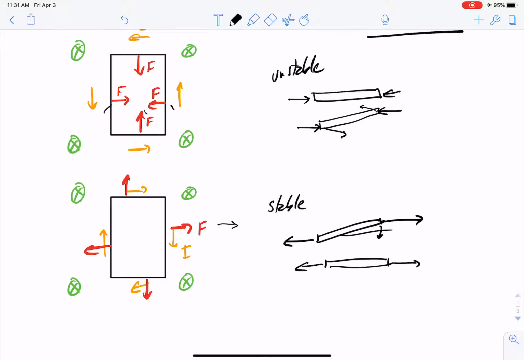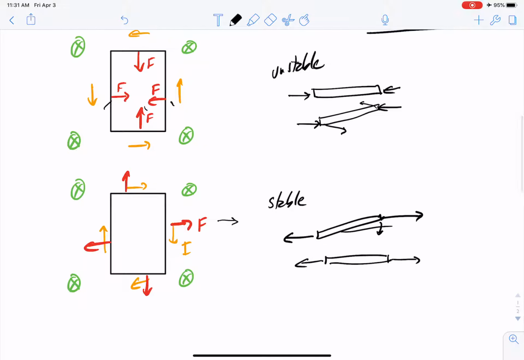So they both have 0 net force, but one of them is unstable in that it would like to rotate. It's not stable under rotations, whereas this one is stable. So what that means is if this loop is in this orientation and we give it a little bit of a lift in one direction, it will by itself flip over and go to this one.